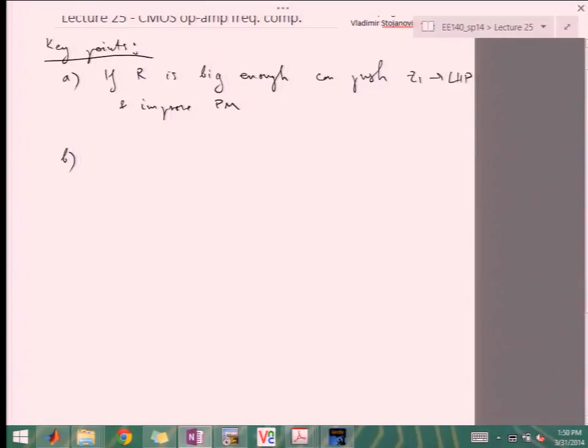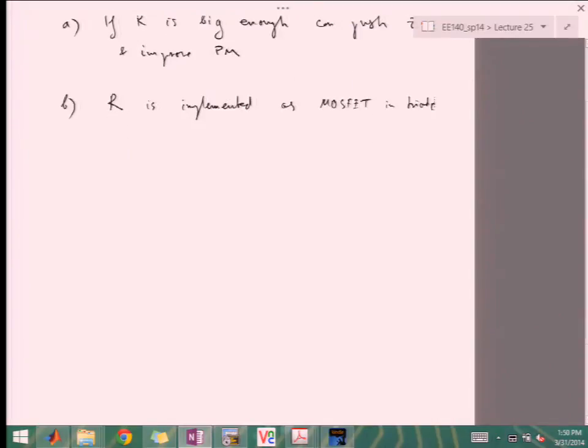Under B, let's look how R is implemented. Okay. We'll implement R as MOSFET in triode. So I'm going to have this, your capacitor here, and then here we'll put the transistor, and this will be V bias.